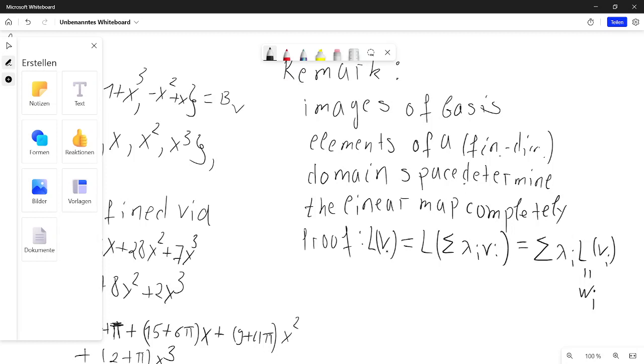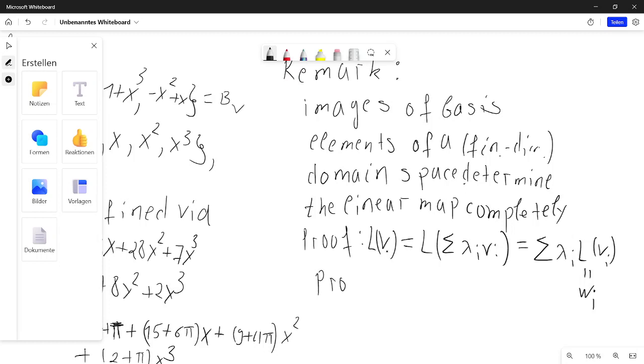So if a vector is given, then it has a unique representation, that is, these coordinates lambda are already known, or they are determined by the vector. Then the image is already known because everything in here is known, right? And uniquely determined for this vector.